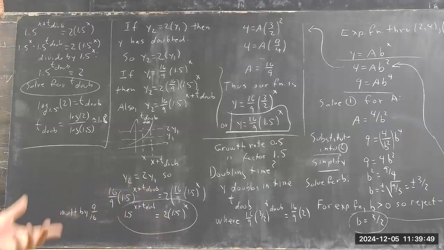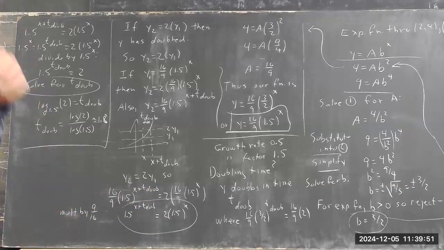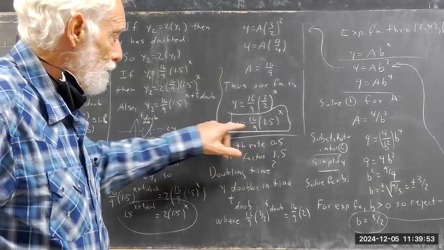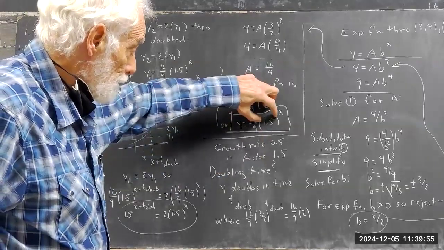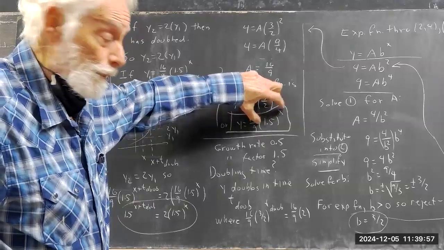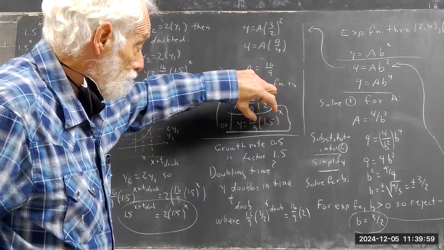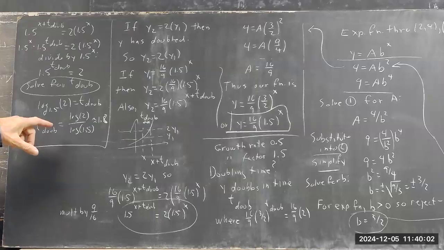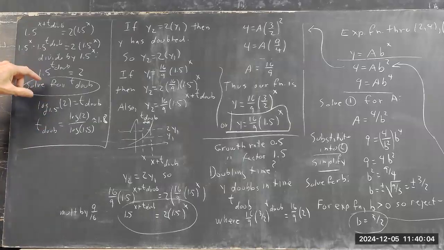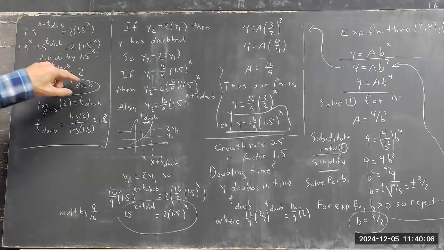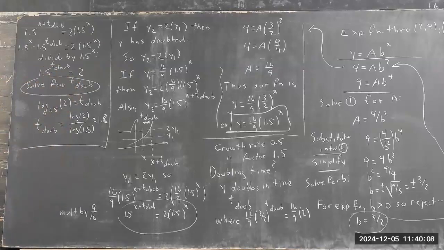So if you're just trying to find the doubling time, you're safe saying, well, the only way this is going to double is if this doubles. And for this to double, you just have to have 1.5 to the doubling time equals 2. And this is actually a more general proof.